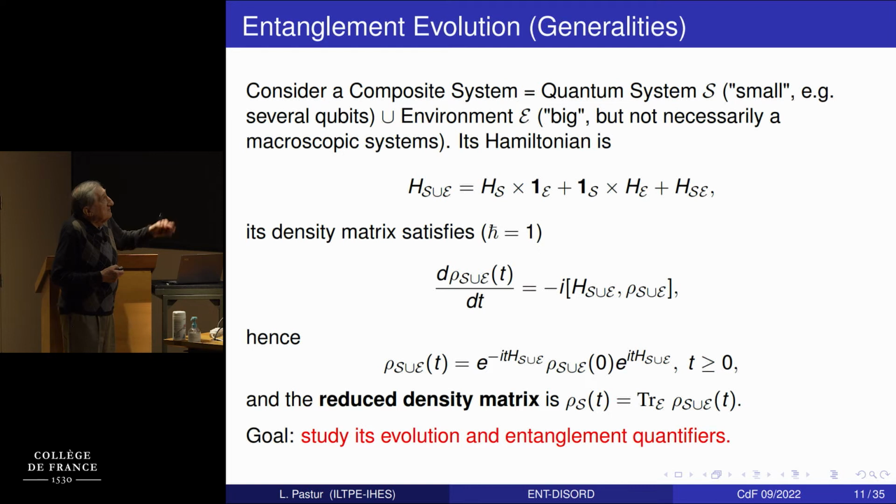It's a natural, common formula to write the Hamiltonian of your system plus environment. This is the Hamiltonian of your system, the Hamiltonian of your environment, and a certain interaction between them. So it's quite general, yeah? And then we are going to study what is going on.